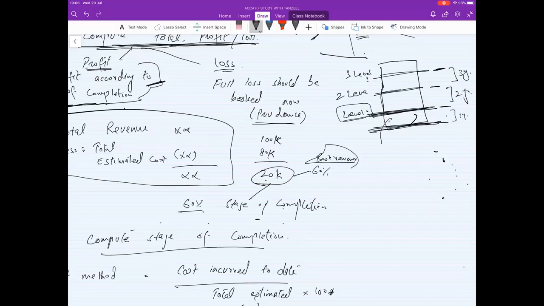If it is profit, how much you need to book as revenue as per stage of completion. At this point you can say how much the total amount is, and how much you are going to spend. Suppose you made a contract as a construction contractor, a contract of 500k, that I will build a whole building, a level 3 building.